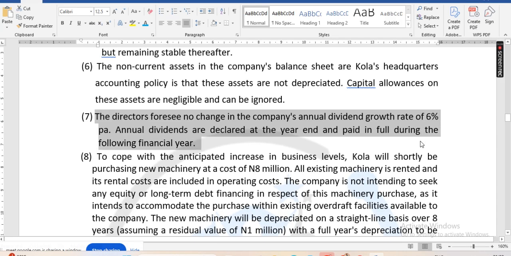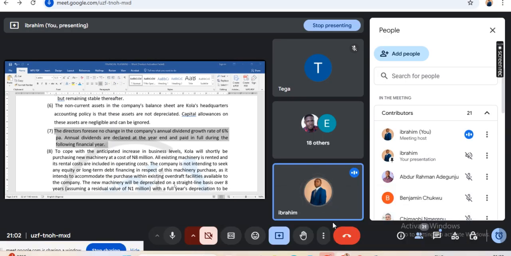Annual dividends are declared at the year end and paid in full during the following financial year. Class, it is possible for a company to declare a dividend this year, but not pay it, and pay it in full in the following year. What it means is that, class, it is logical.